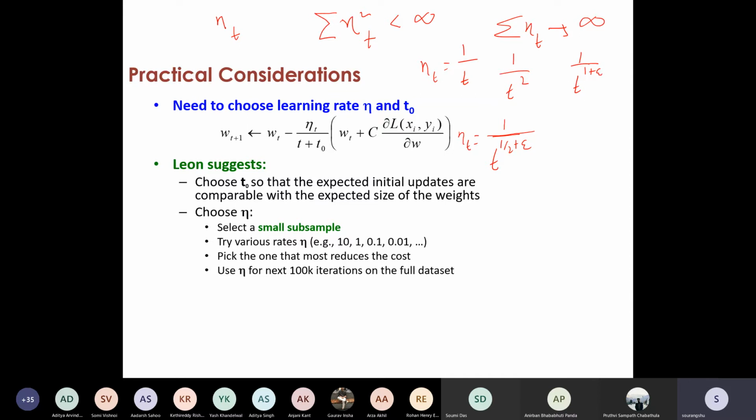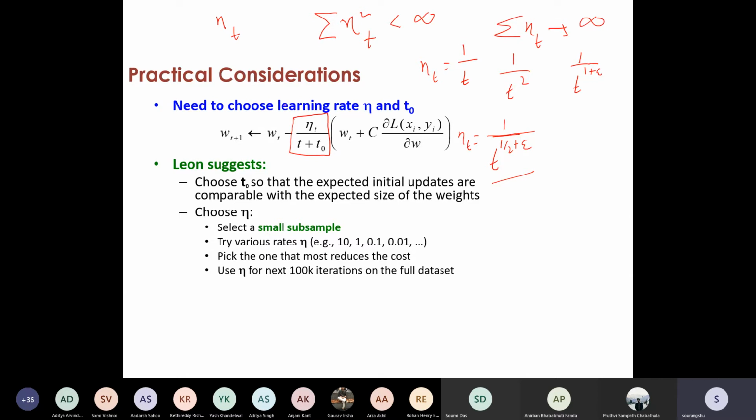Okay. So some of the choices of eta t: if eta t is a constant, then you don't have a guarantee. But if your eta t is 1 by t or anything of this form, you have a convergence guarantee. So a general form of eta t that sometimes people use is something like this.